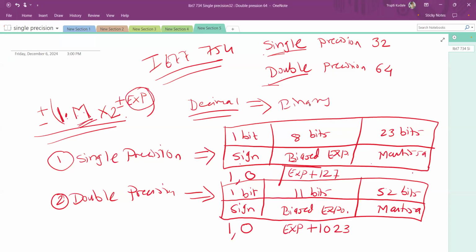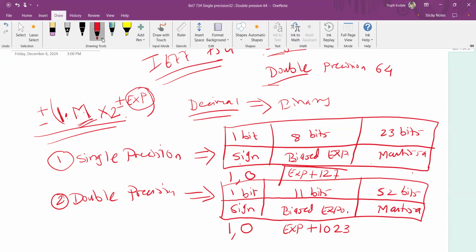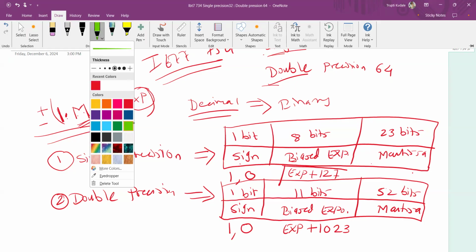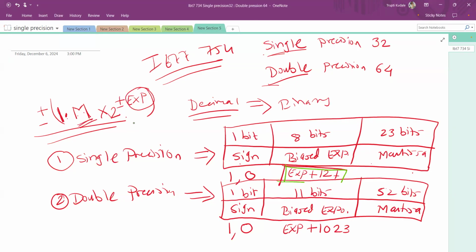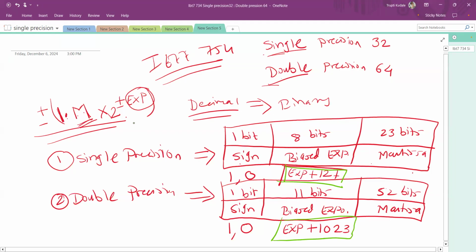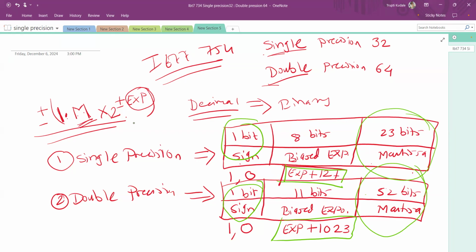So this is very important to be noted, because the sign bit and mantissa remain the same in case of single and double precision. Mantissa will change only in the number of bits, being followed by zeros to get the 52 bits or 23 bits. But the biased exponent will be totally different.